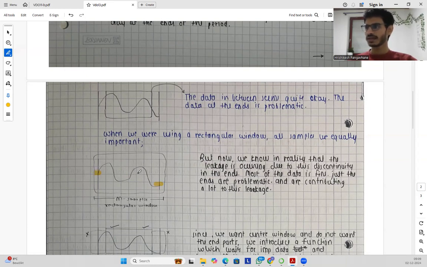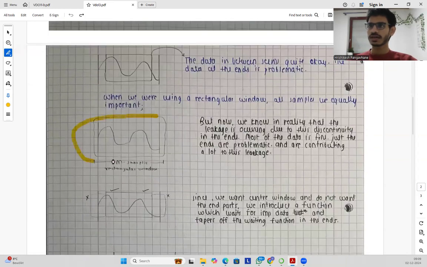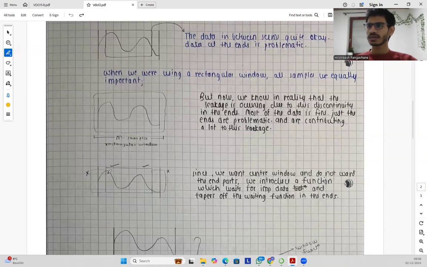Most of the data is fine, just the ends are problematic and are contributing a lot to this FFT leakage phenomenon. So instead of taking a rectangular window, since we want the center to be the window of our interest and we do not want the end parts, we introduce a function which weights the important data and tapers off the weighting at the ends.